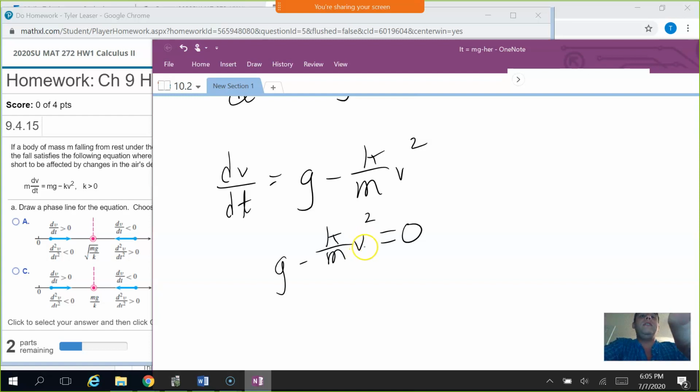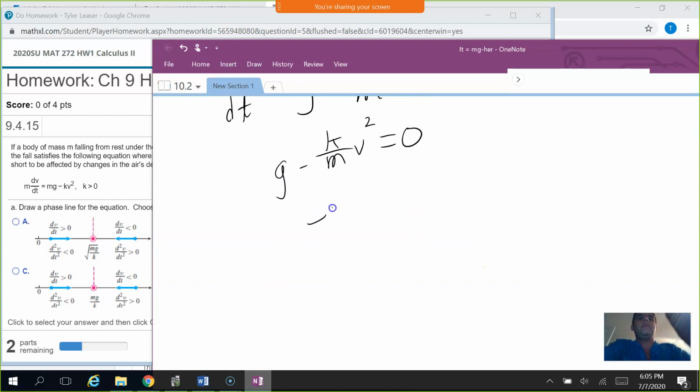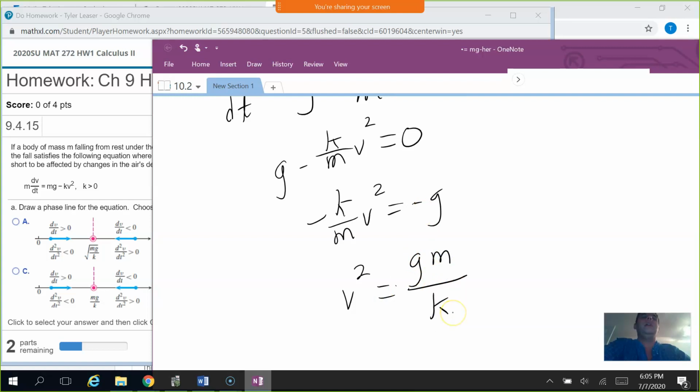So solving this for v squared, we're going to subtract the g over. Divide by negative k over m. The negatives cancel, and then it's going to be the reciprocal, so m over k. And then we should also take the square root. There's no point in taking the negative square root for this because we're talking about the velocity of an object falling, so it's not going to have a negative velocity.